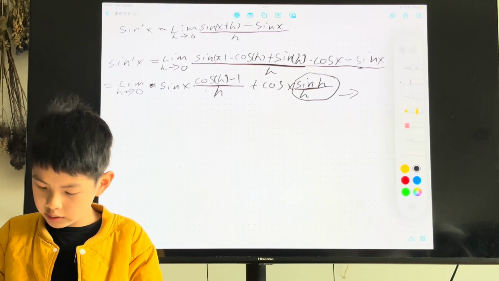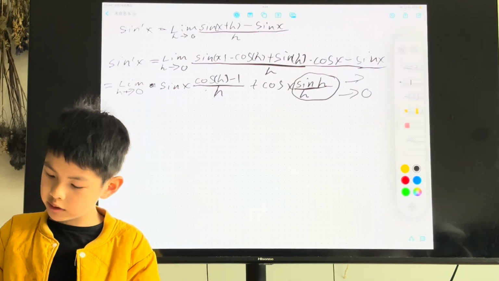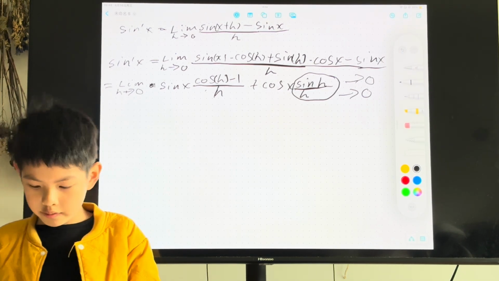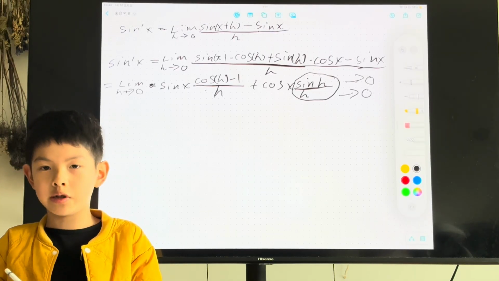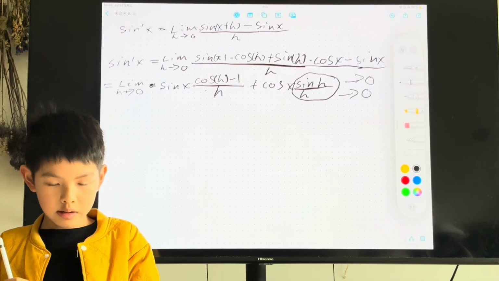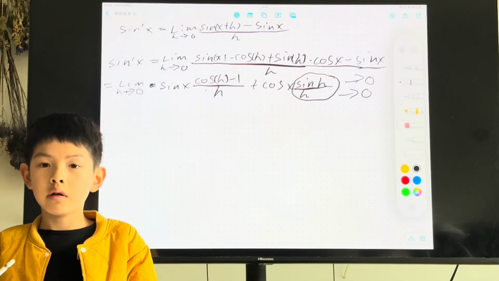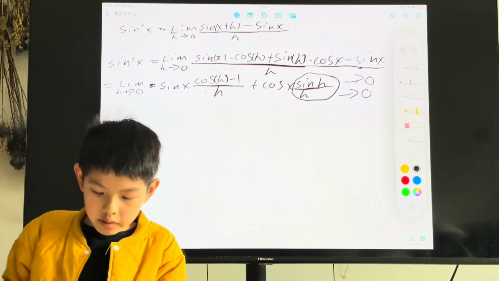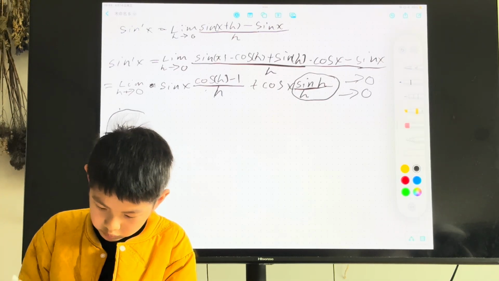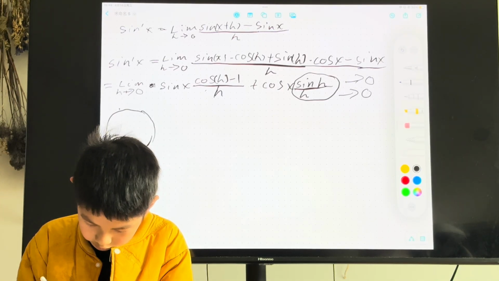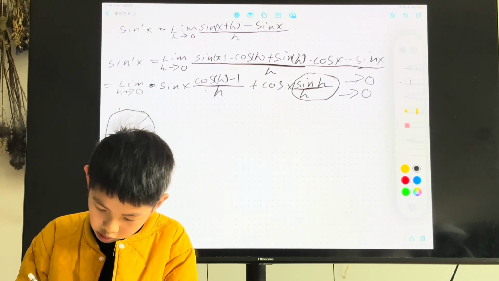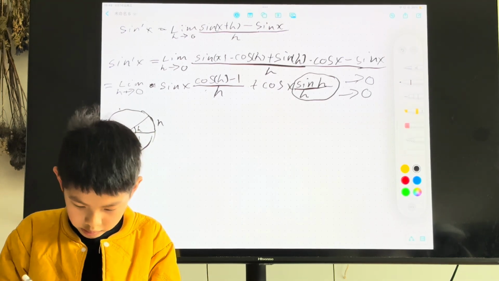As h approaches 0, sine of h approaches 0 too. But as usual, you can't just think of sine of h divided by h as a limit that approaches 0. Consider a circle with radius equal to 1 and the angle h. The arc is also equal to h.